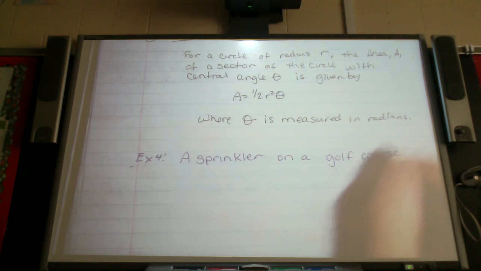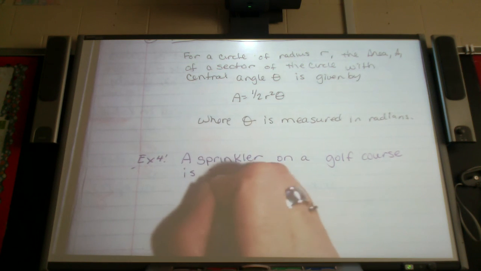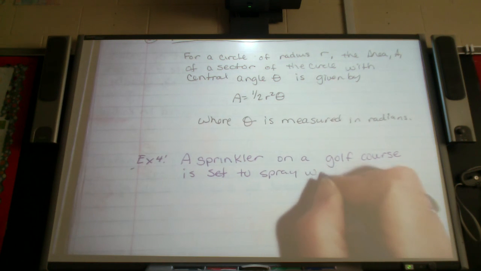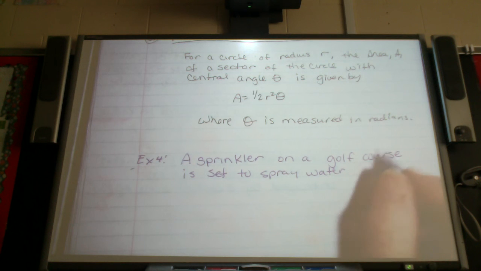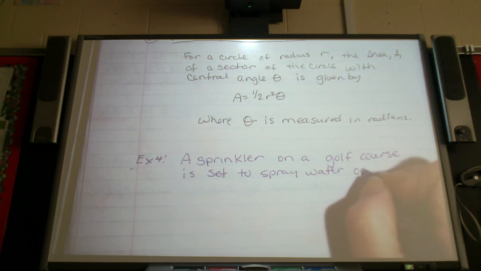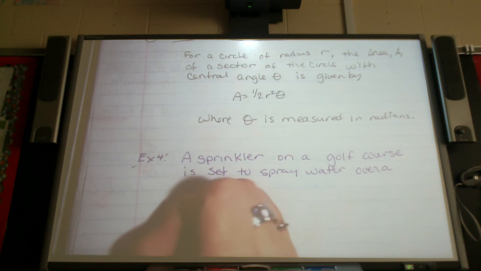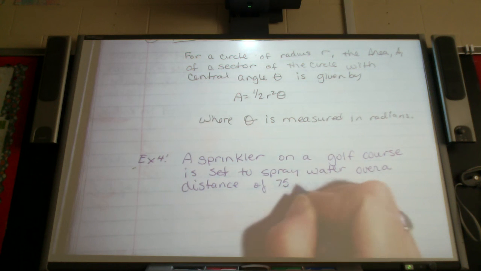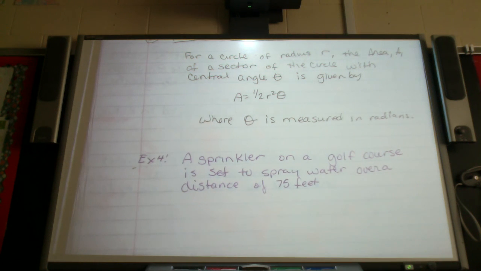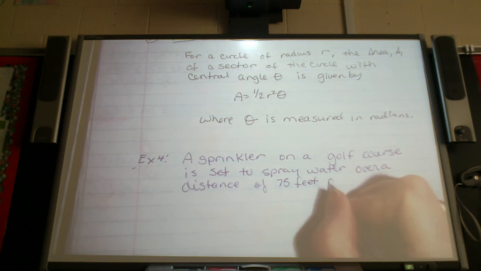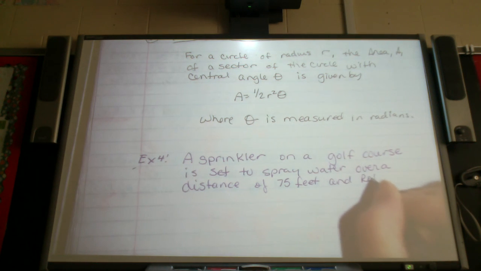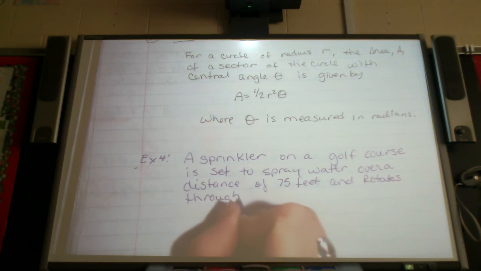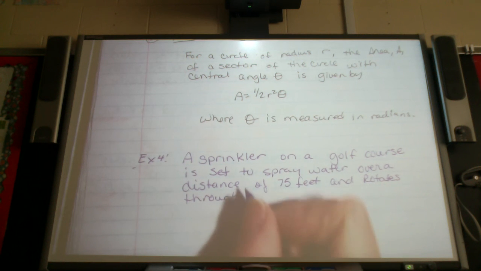It is set to spray water over a distance of 75 feet and rotates through an angle of 135 degrees.